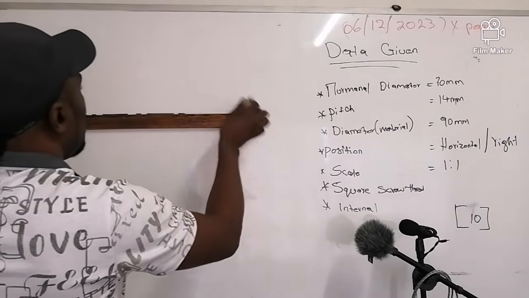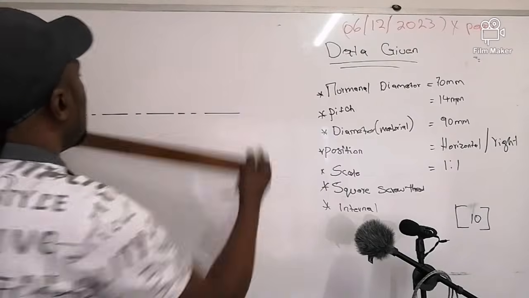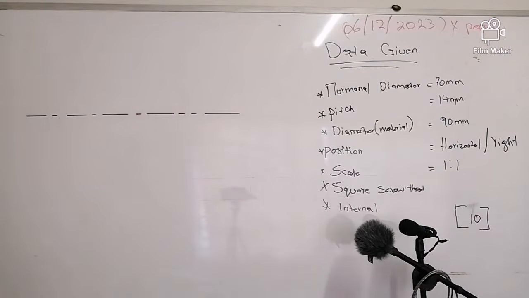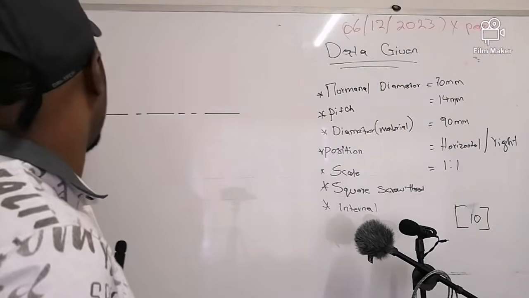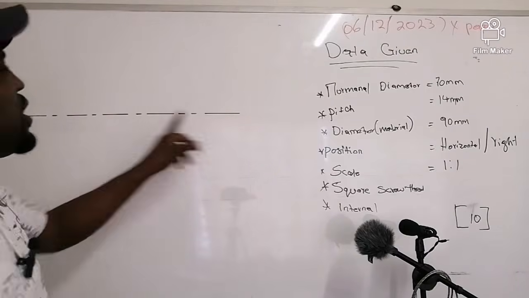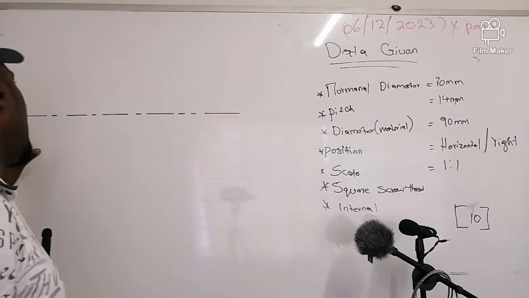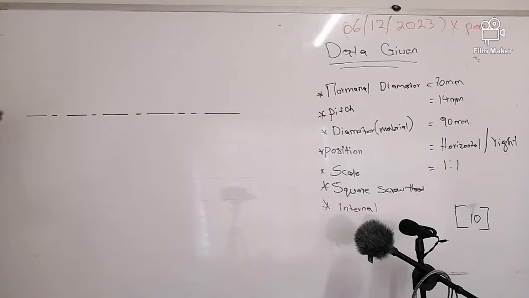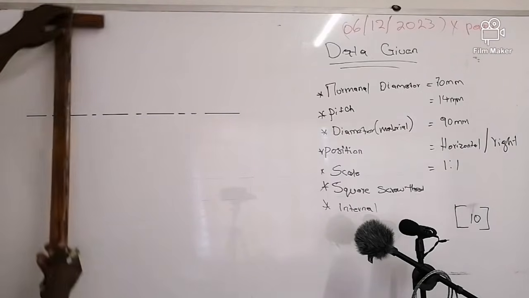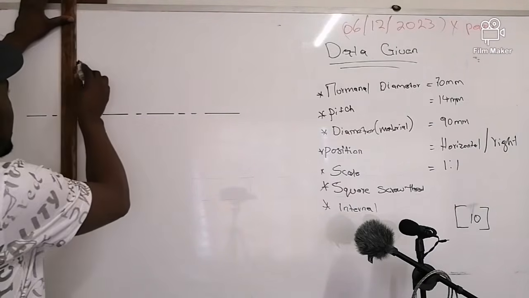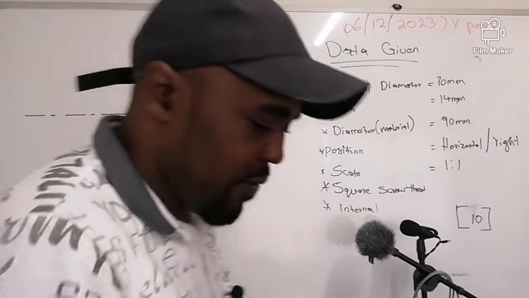I am breaking my only ruler that I have now. This type of line, we all know it. I am drawing it out of a dimension, the horizontal component. Let me have it faint.